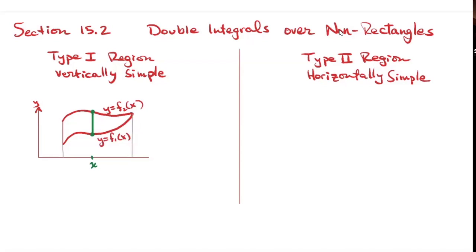So x would go from a to b, like that. And the region here is just R, as before. That's really bad. Not that it matters that much.